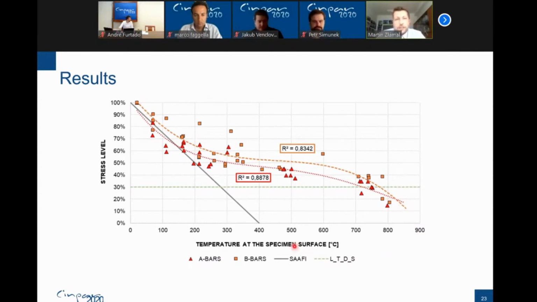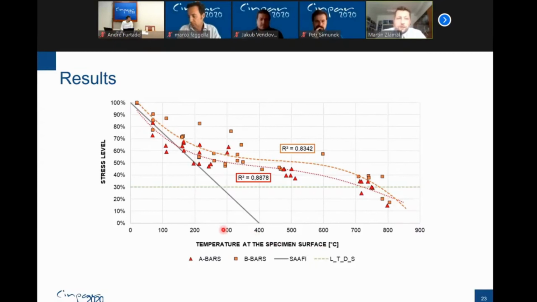I also got here this gray line. This is an assumption about the behavior of FRP reinforcing from Professor Safi. He supposed that the maximum temperature which is possible to use for the design is only 400 degrees.